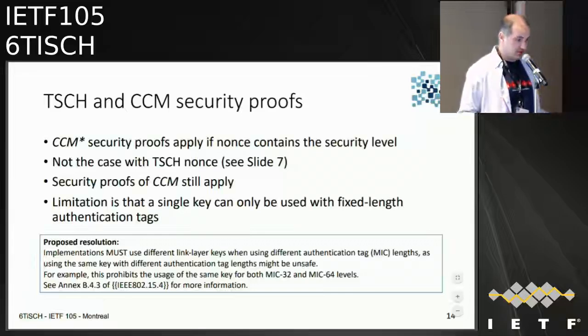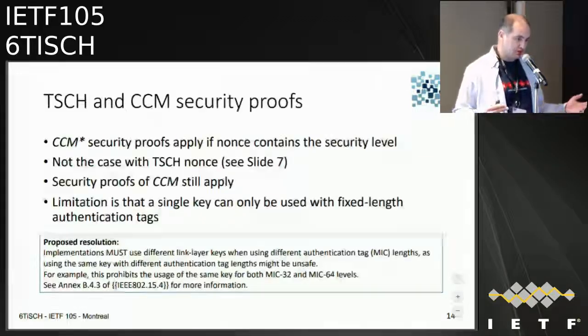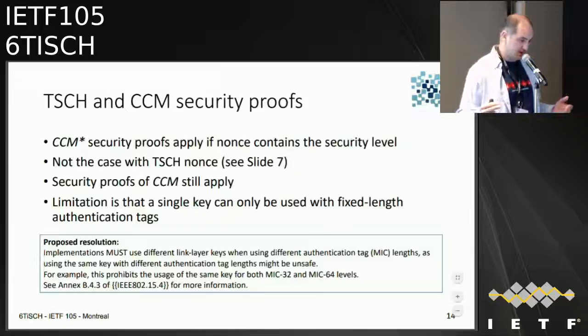So with this, we can still rely on the proofs of CCM, but the limitation is that a single key can only be used with fixed-length authentication tags. This means we need to prohibit mixing different security levels in the network, where different pairs of nodes use different lengths of the authentication tag, or message integrity code (MIC), with the same key.